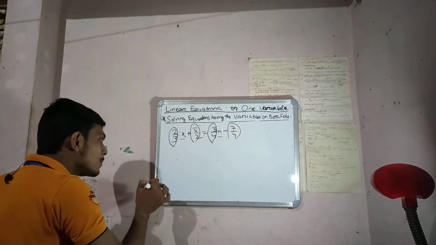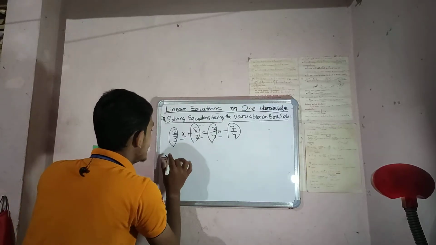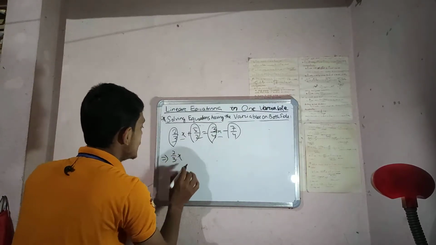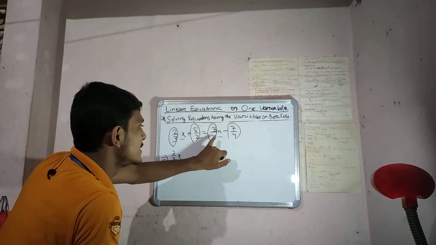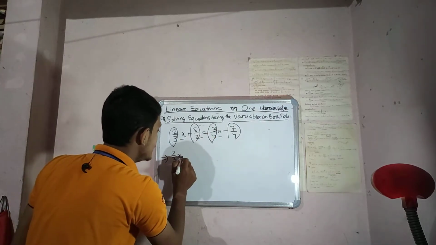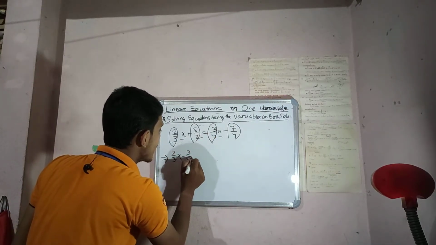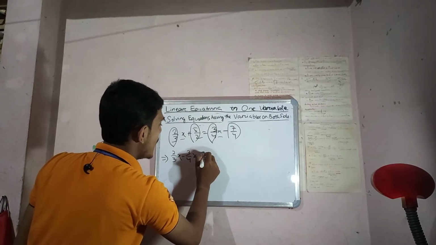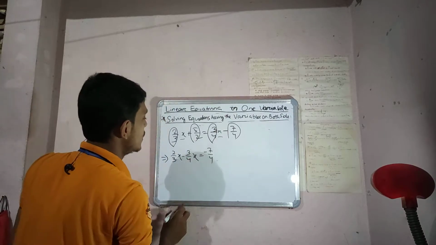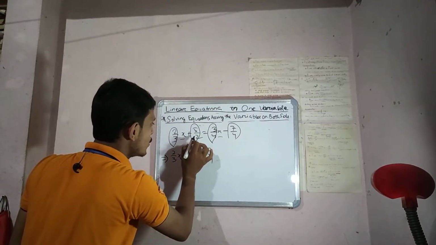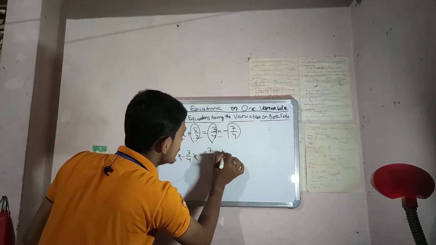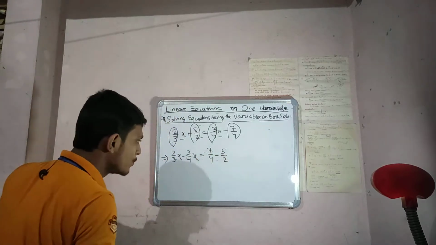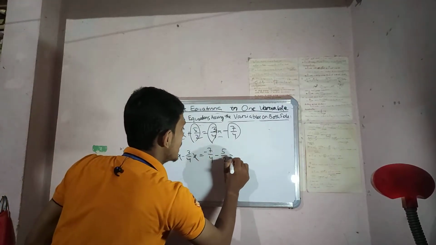How can you solve? The same principle. 3/4 x is on the right, so when it changes the side, it becomes negative. So 2/3 x − 3/4 x = −7/4, and +5/2, when it changes the side, becomes −5/2.